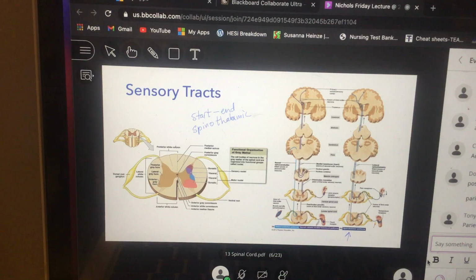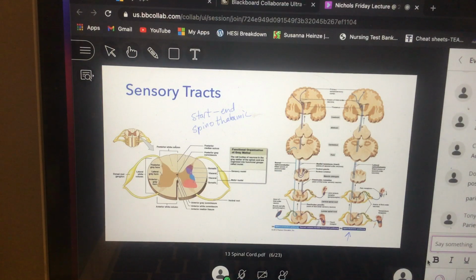That's what that little symbol means. It's kind of tiny, but that's the end of that actual sensory neuron that brought the message of pain to the spinal cord. Then it synapses with this second neuron that's literally called the second order neuron.